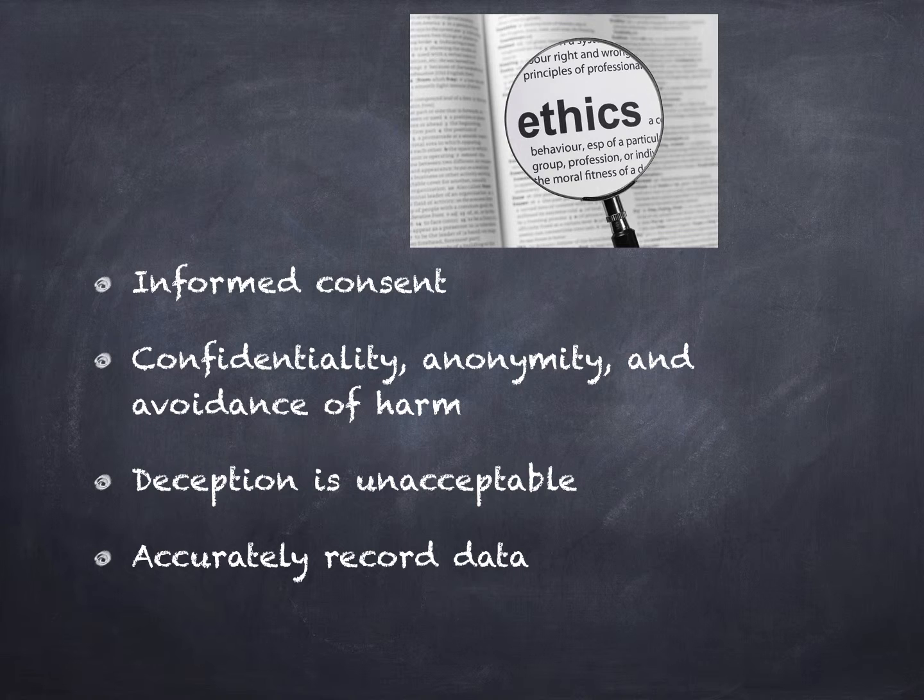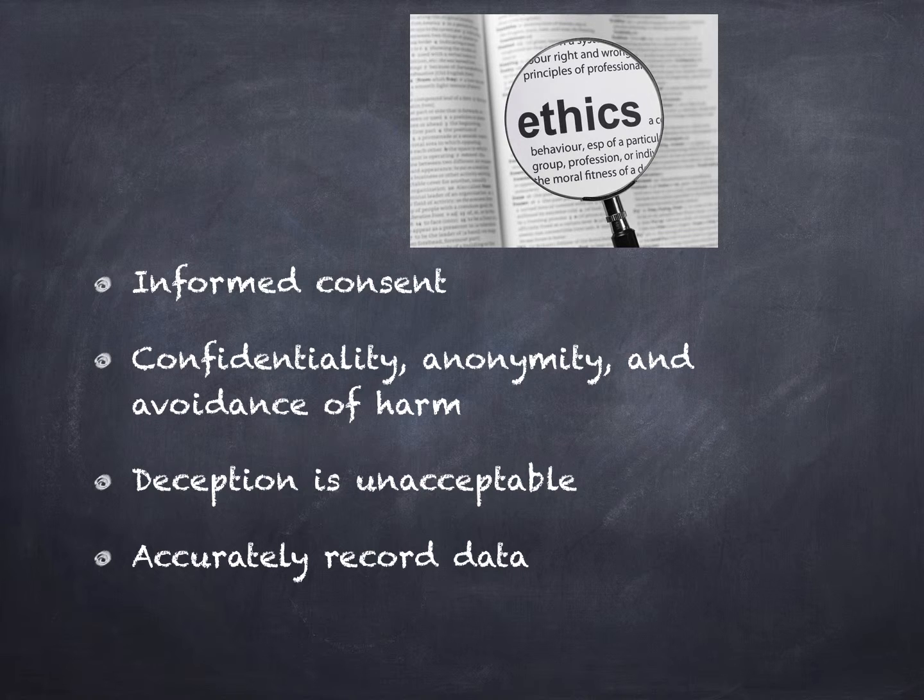So in terms of ethics, we always need to get informed consent from people that we are studying. Children, by legal definition, cannot give consent because they're under the age of 18, so you would have to get consent from a parent before you did any sort of research project in your classroom. Also, we want to make sure that we're maintaining confidentiality with student name, student information. Even at times we can provide anonymity to them when we're doing studies.